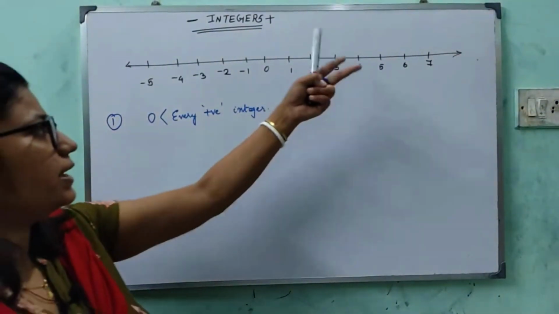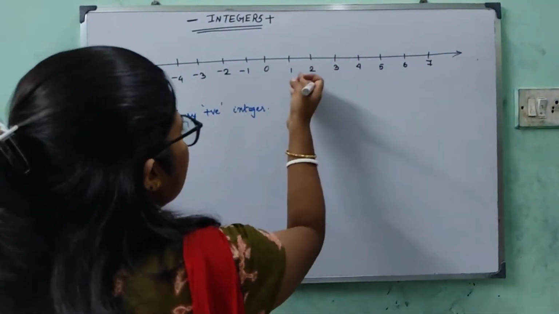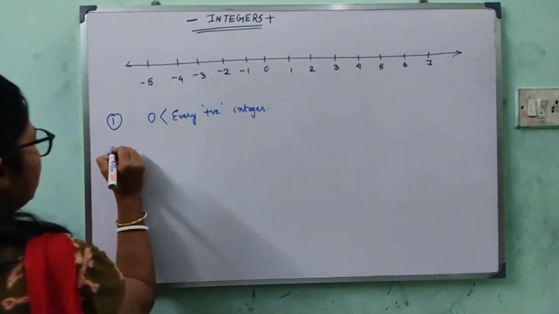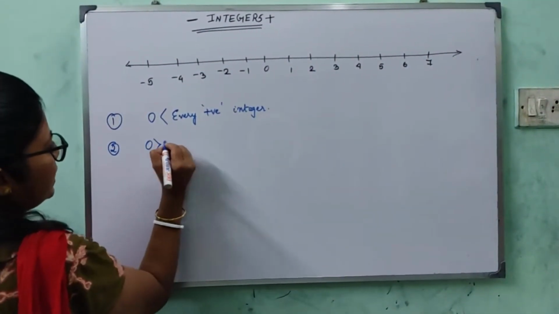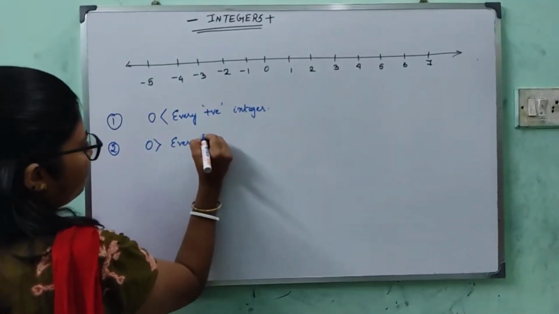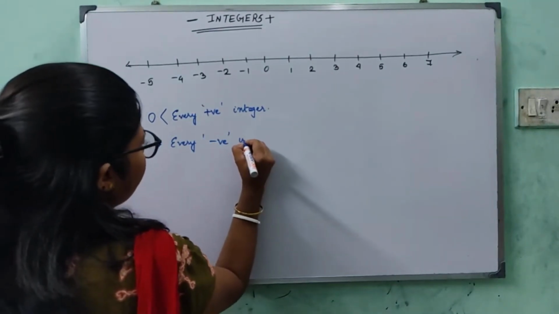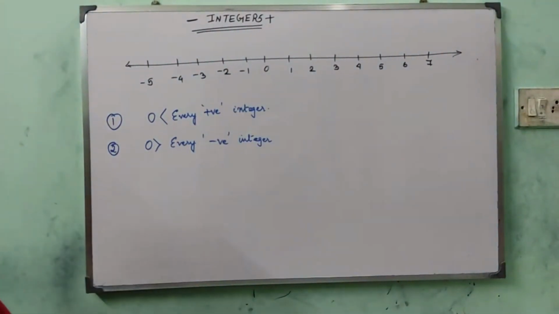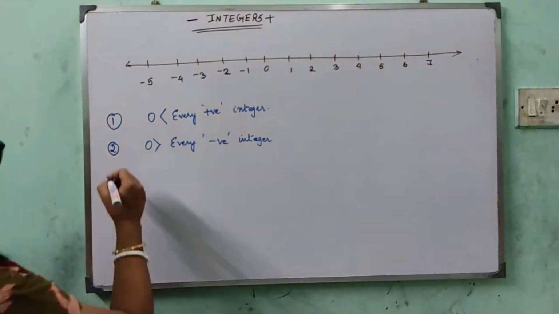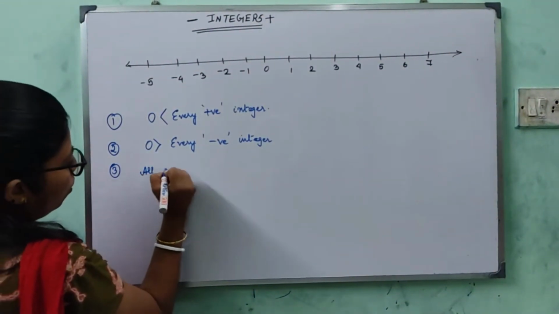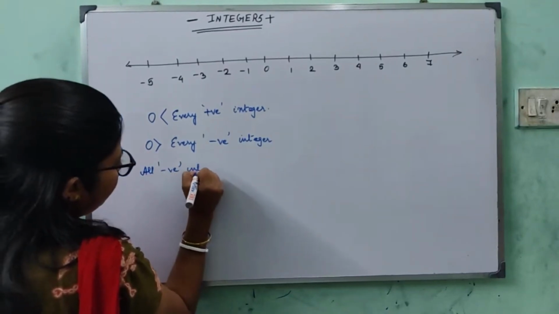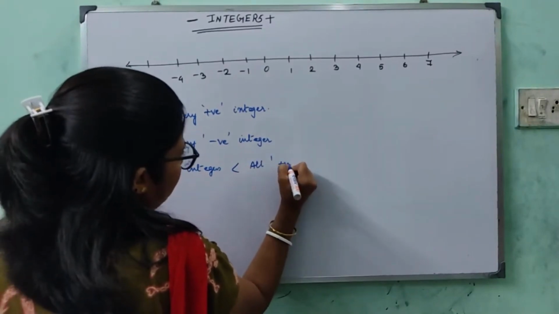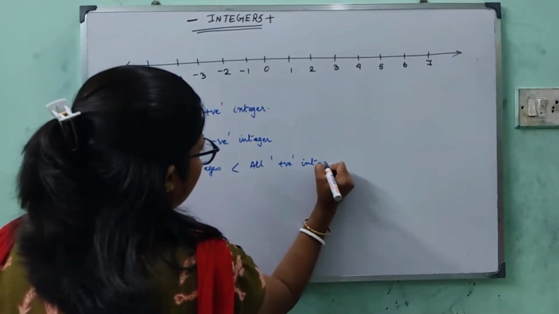We know that 0 is less than every natural number. So natural number means here the positive integers. So 0 is less than every positive integer. Number 2, 0 is greater than every negative integer. 0 is always more than every negative integer. Number 3, all negative integers are less than all positive integers.